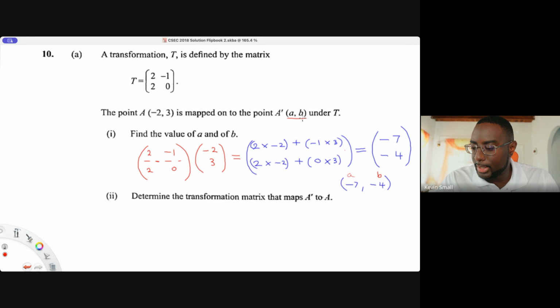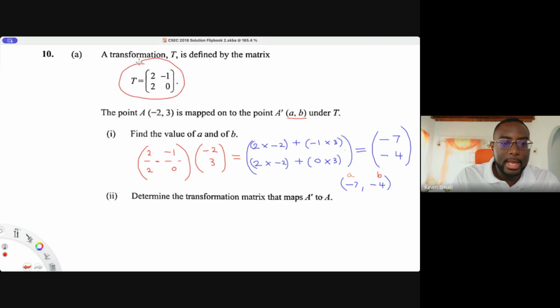All right. Now, determine the transformation that maps A prime onto A. The transformation that would map A prime back onto A. So if this is the transformation that carried me from A to A prime, what would be the reverse transformation that will carry A prime onto A?